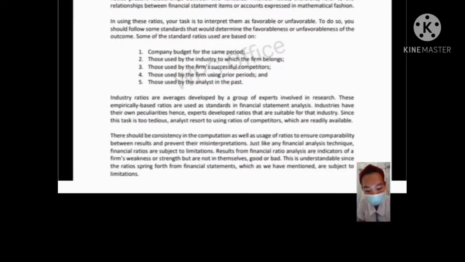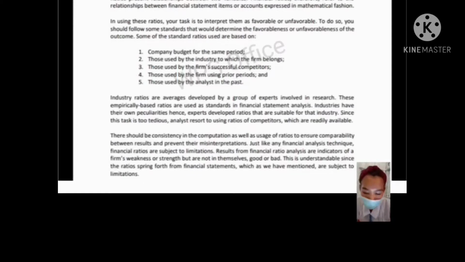Since this task is to deduce analysis, one resorts to using ratios of competitors which are readily available. There should be consistency in the computation as well as usage of ratios to ensure comparability between results and prevent misinterpretations.